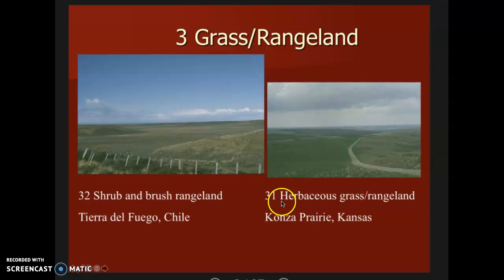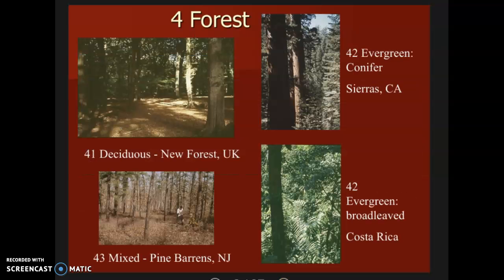If you wanted to add a level 3 classification onto this, you really have to know Kansas pretty well. Heck, you need to know Kansas well for a level 2 to know whether it's herbaceous grass rangeland or shrub and brush rangeland, because to my eye, these look pretty similar, right? So you really have to understand land cover and land use in the particular places to successfully do this.